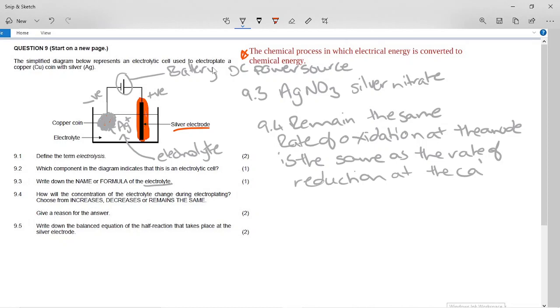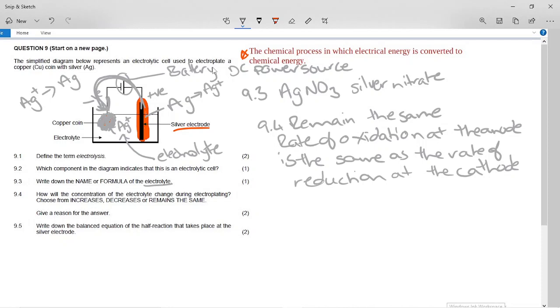This means that for every silver atom on this side that goes to a silver ion, the electron that is removed travels through the circuit, comes onto the other side, and meets a silver ion, and here the silver ion becomes silver metal via this little electron pump that we call the battery. The battery is moving the electrons, and in the solution the ions are moving so that the circuit is completed.